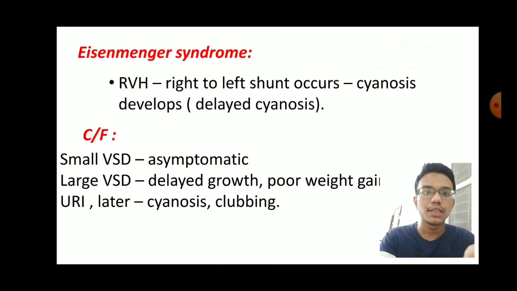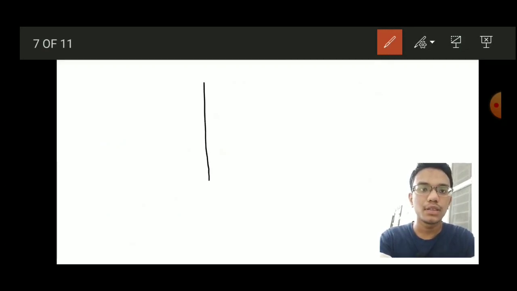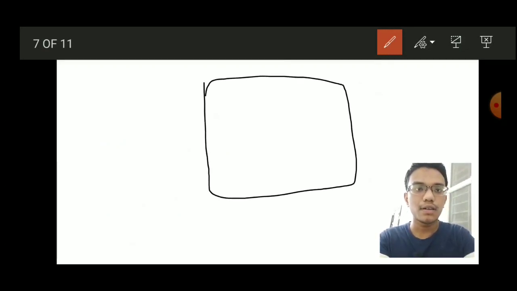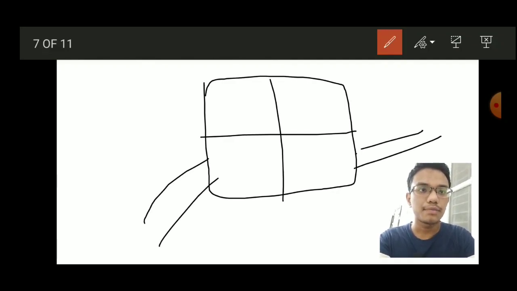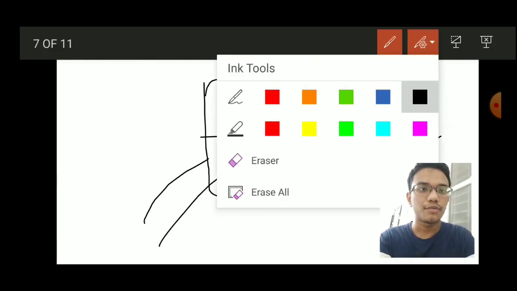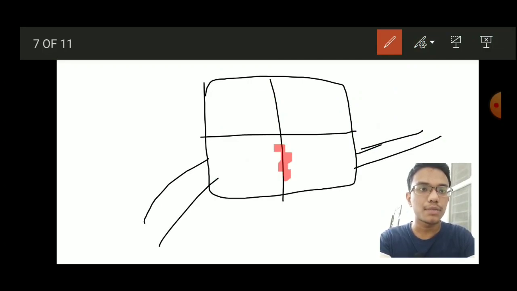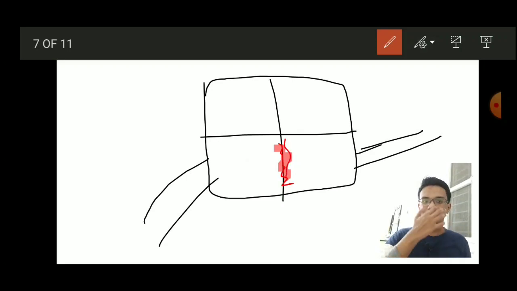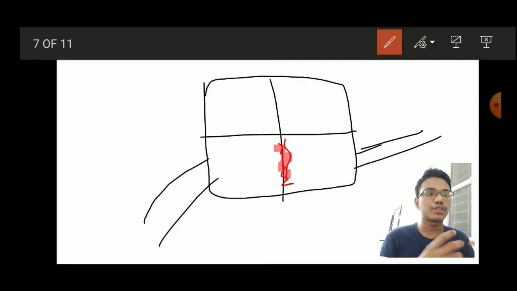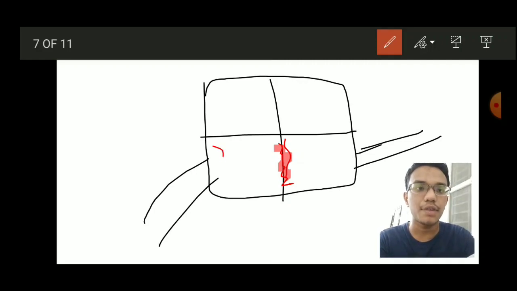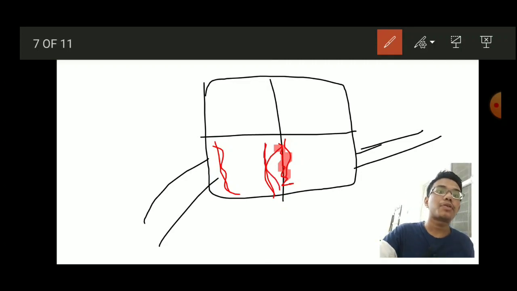Now coming to the final Eisenmenger syndrome, you know that this is the heart, 4 chambers, pulmonary artery, aorta. Somewhere here you have this interventricular septal defect. You know that the final stage of ventricular septal defect is right ventricular hypertrophy. So what happens if right ventricular hypertrophy occurs?